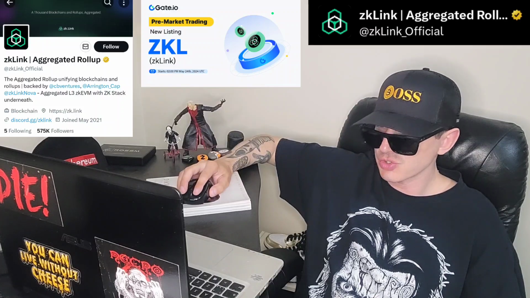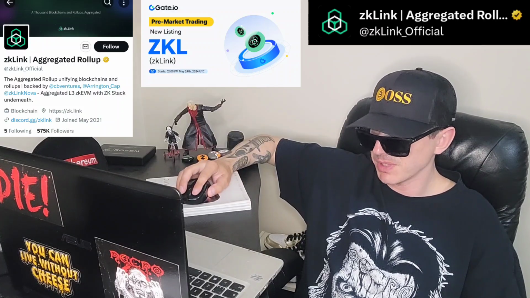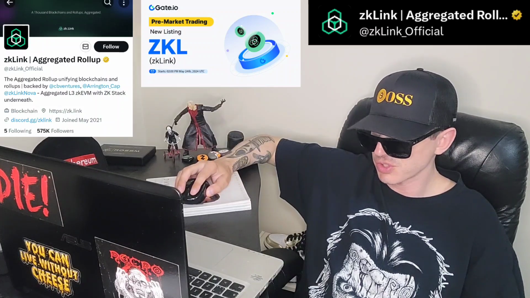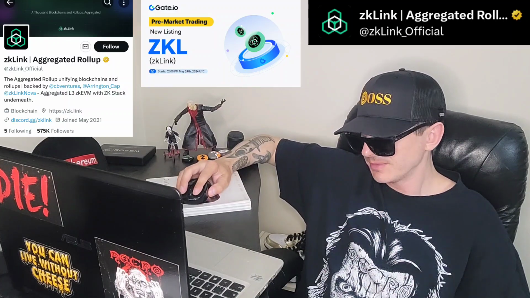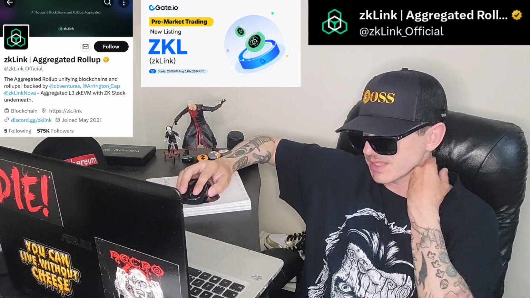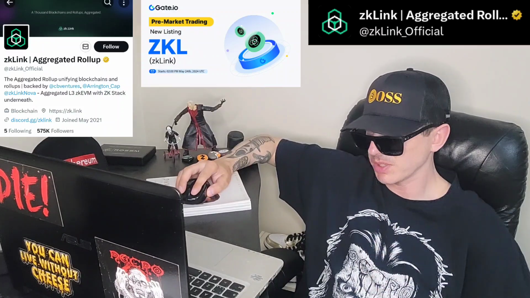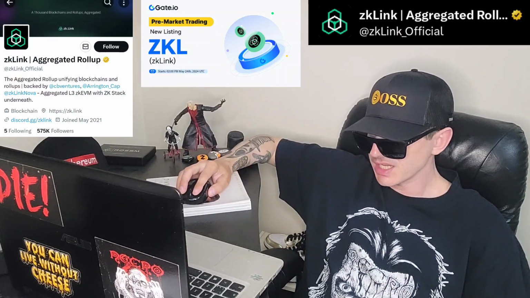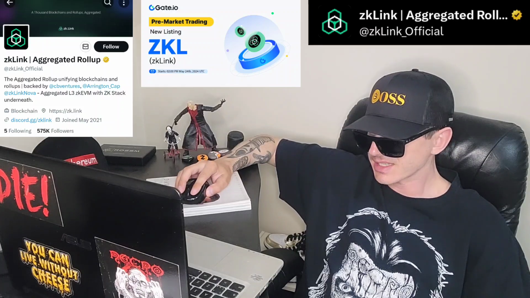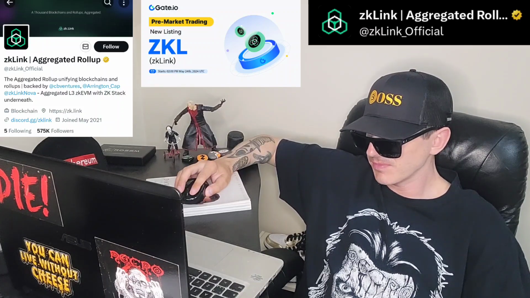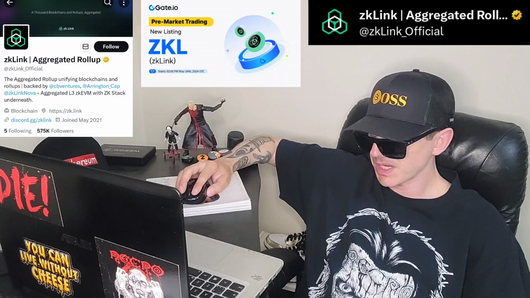So Zklink addresses the above issues by building an aggregated roll-up infrastructure to achieve cross-chain liquidity aggregation and simplify multi-chain dApp deployment. Through multi-chain state synchronization, dApps can securely access the liquidity from any connected chains by leveraging zero-knowledge proof technology.